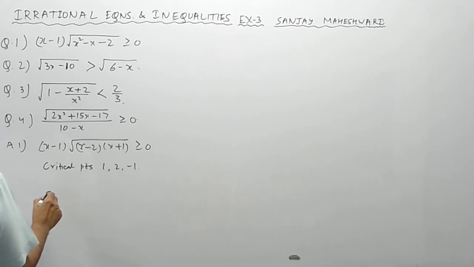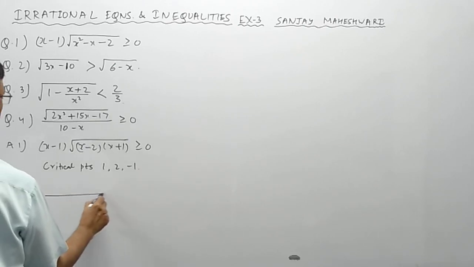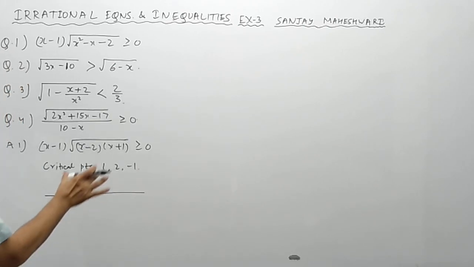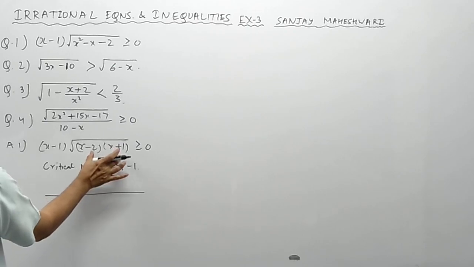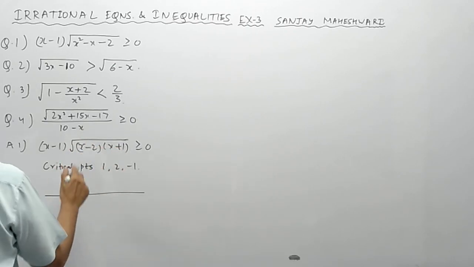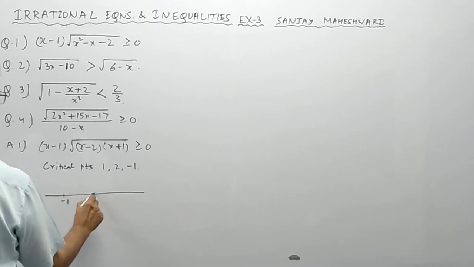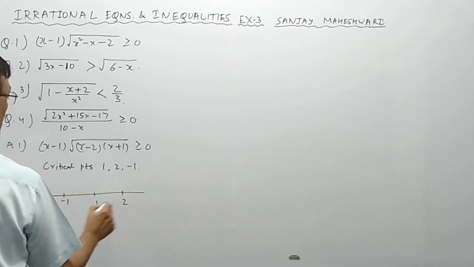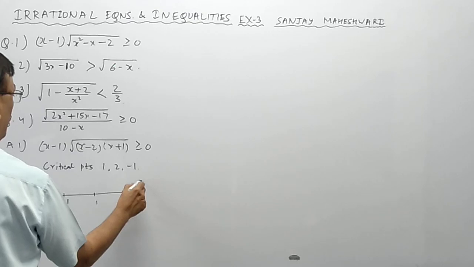So we'll draw the number line first. The second thing we should keep in mind is that this should be greater than or equal to zero. Then we'll start with minus 1, 1 and 2.